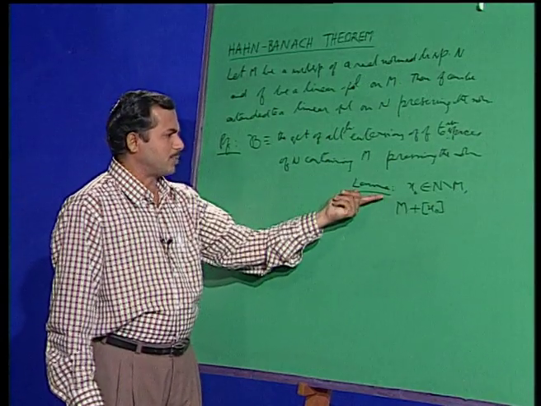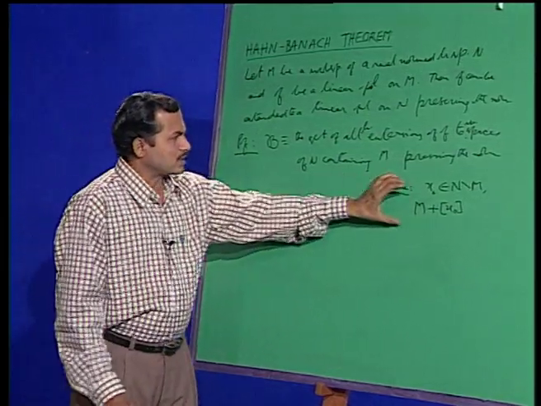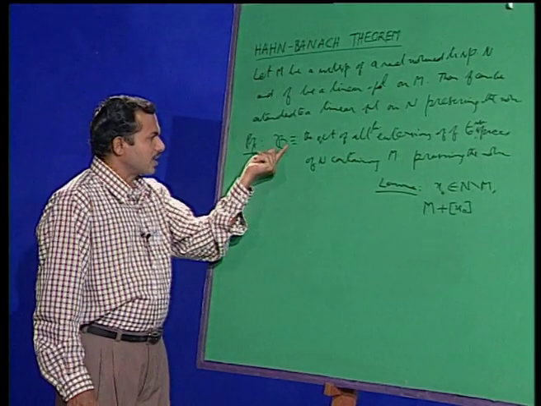This is what this lemma says. So using that lemma we obtain that this collection B is non-empty.